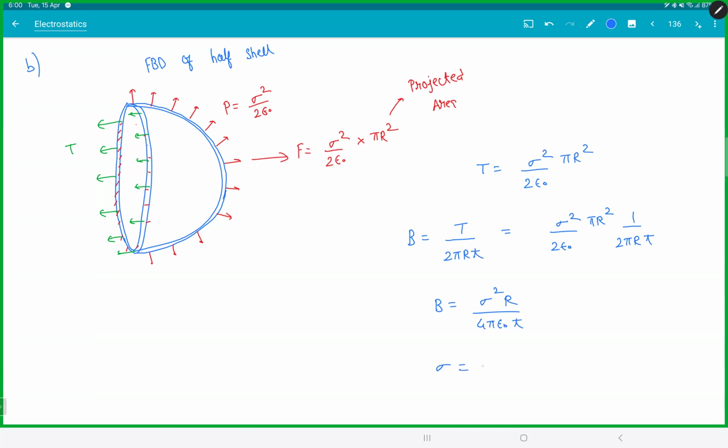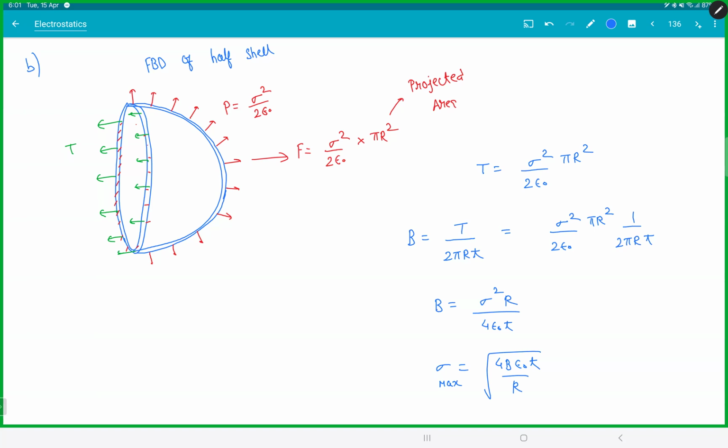From here you'll get sigma, pi will not come. Sigma is the root of 4 B epsilon t by r. This is the maximum. Anything more than this, the shell will crack. So the only thing is, replace the gas pressure with electrostatic pressure and everything is the same.